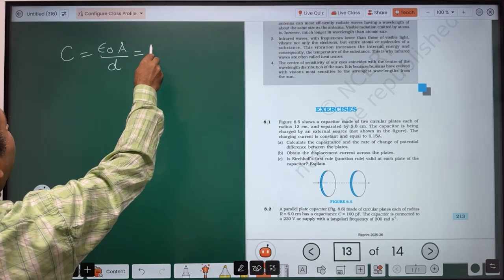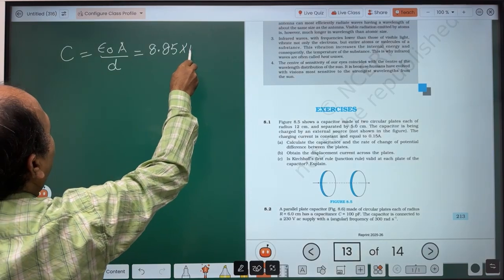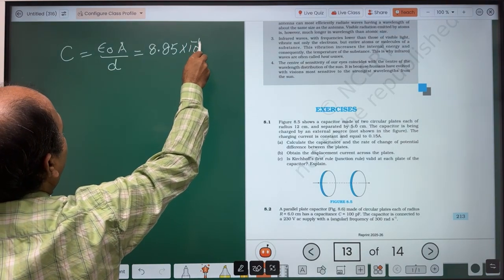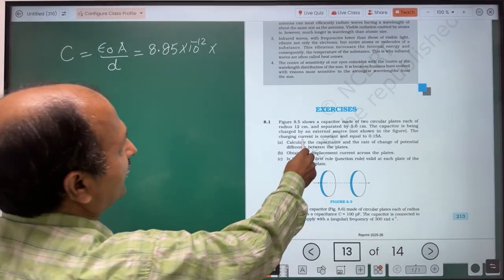Now we can put the values: 8.85 into 10 to the power minus 12 into plate area.